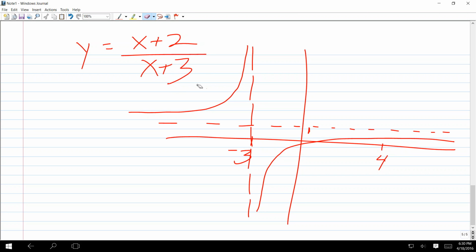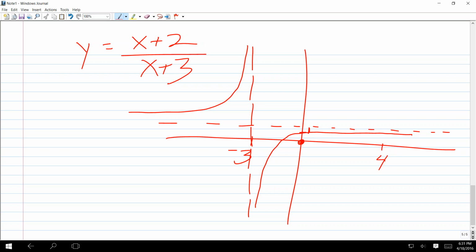Notice that if I pick the number 0, y would be 2/3. Well, there's 0. Y is certainly not above 1. So maybe I didn't draw it exactly right, because when x is 0, it's got to go through that point right there, but close enough.